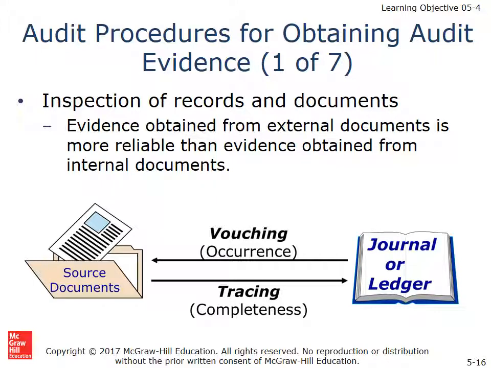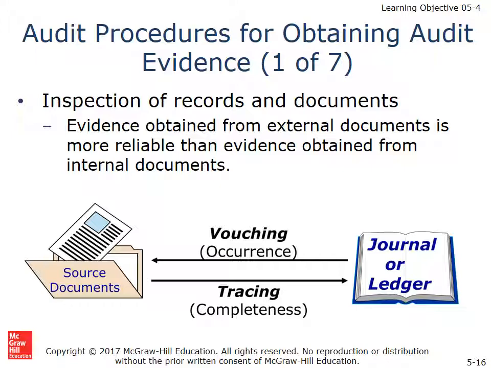So the first audit procedure for obtaining audit evidence is inspection of records and documents. Evidence from external documents is more reliable than evidence obtained from internal documents. Now, if we're trying to determine that all the items in the journal actually occurred, we may want to vouch them.